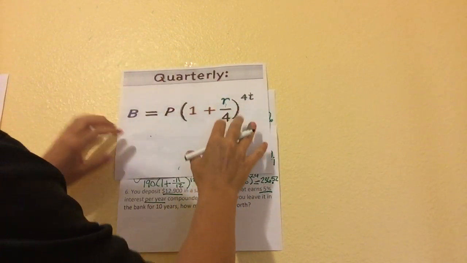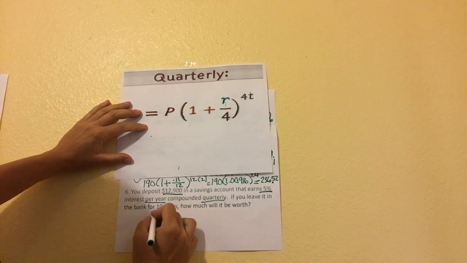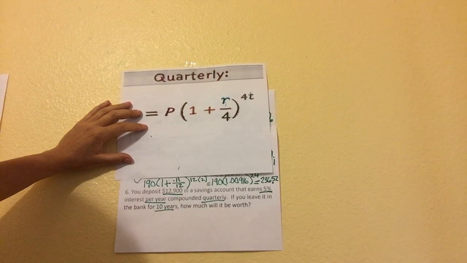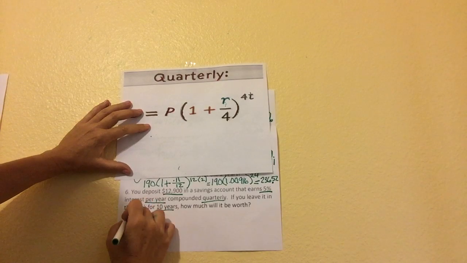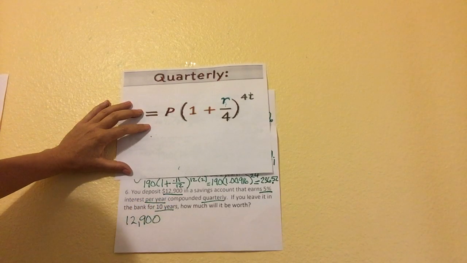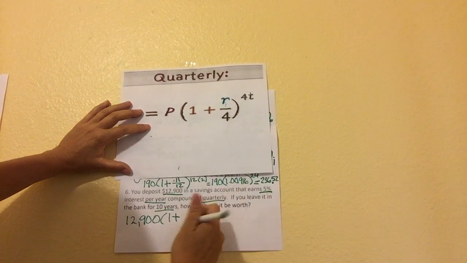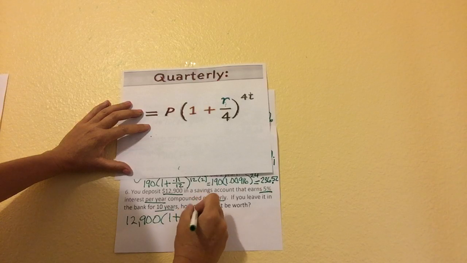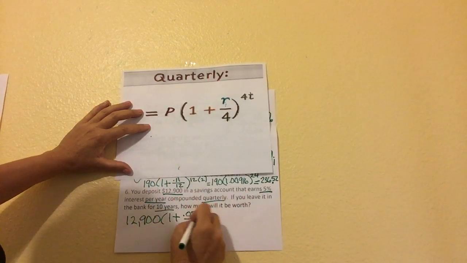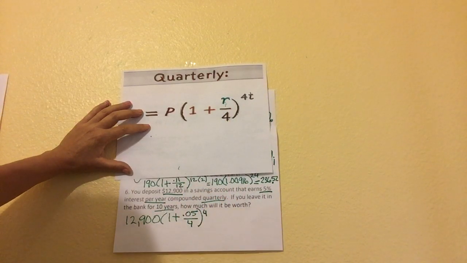Okay, so if you leave it in the bank for 10 years, how much will it be worth? Okay, so I'm going to put down our P, 12,900, parentheses 1 plus interest rate 0.05. Use your formula 4. That 4 goes there. And then your time is 10 years.